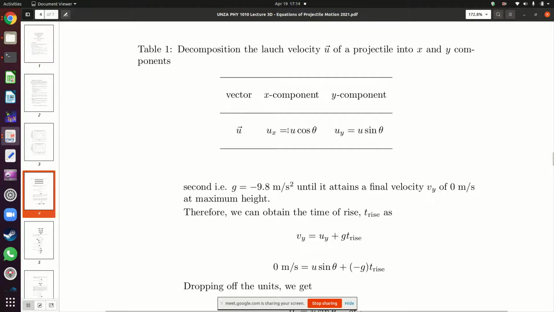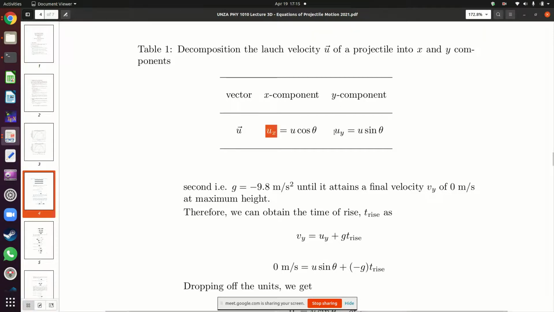These components, ux and uy, give you how much your launch velocity u, launched at an angle theta, is along the x direction, or the horizontal direction, and along the y direction, which is the vertical direction. So along the x direction, your velocity is ux, and that is u cos theta.